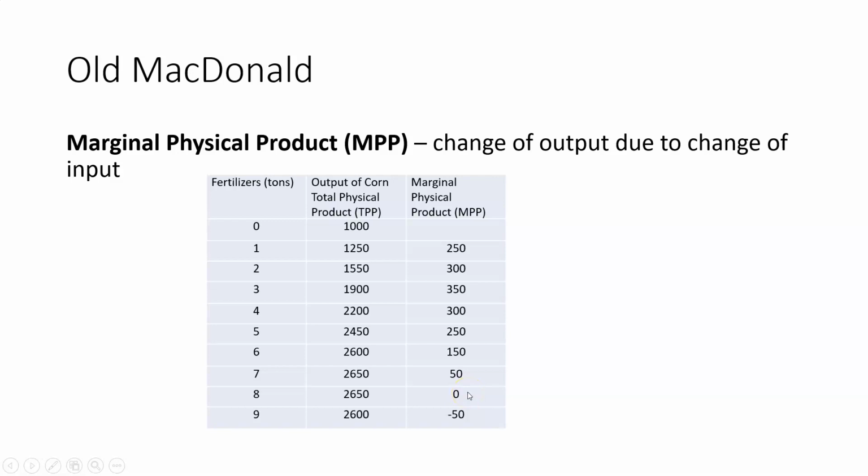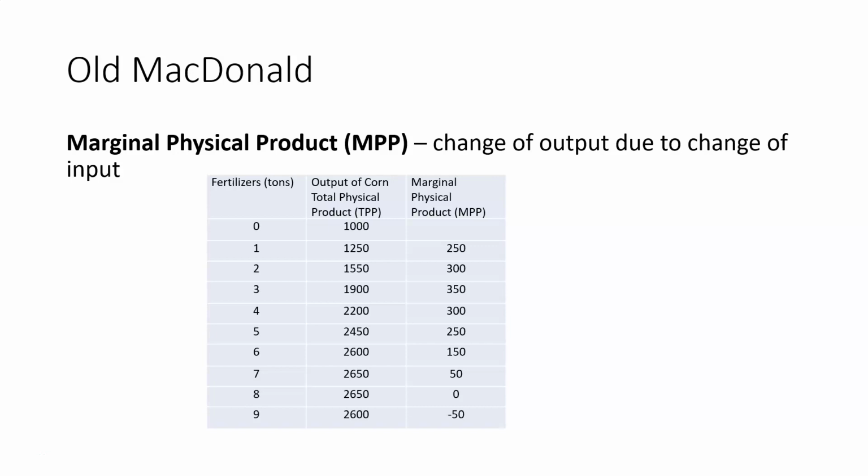Now, if you were Old MacDonald and you could keep taking fertilizer, and your goal is to get as much output as you can, how much fertilizer would you take?